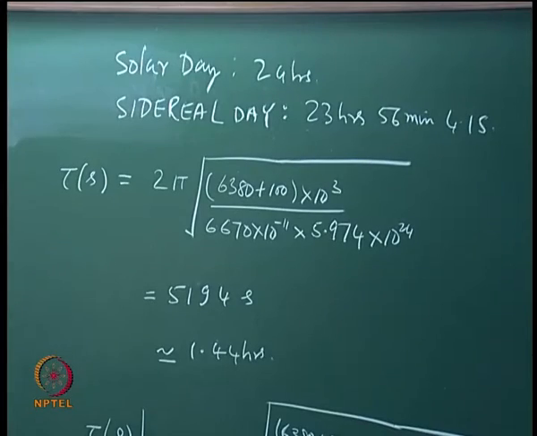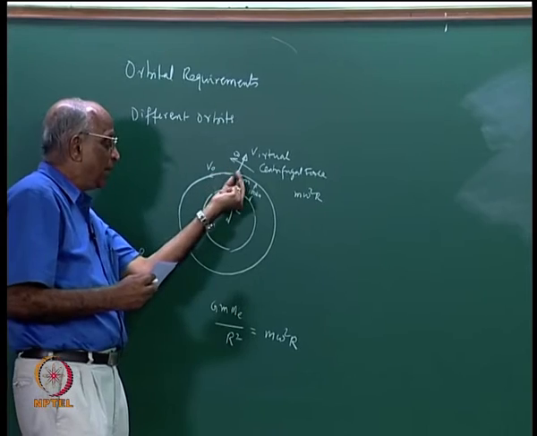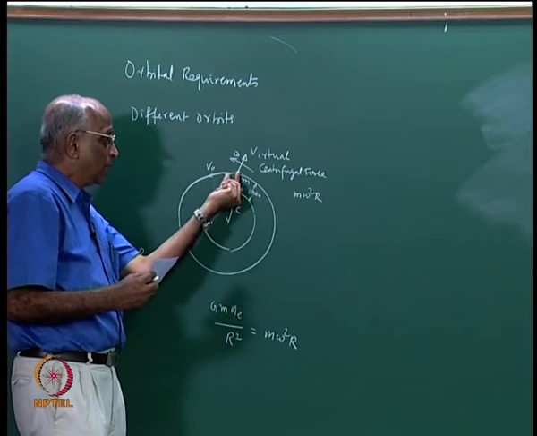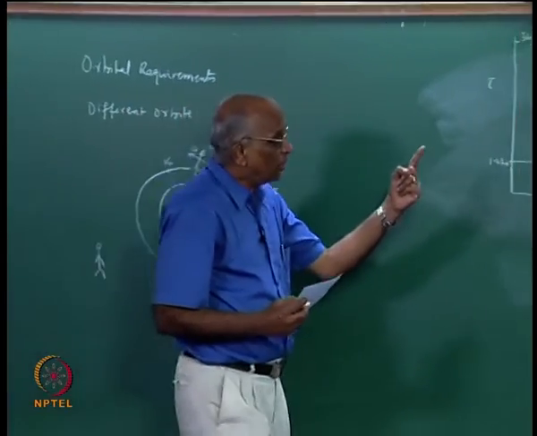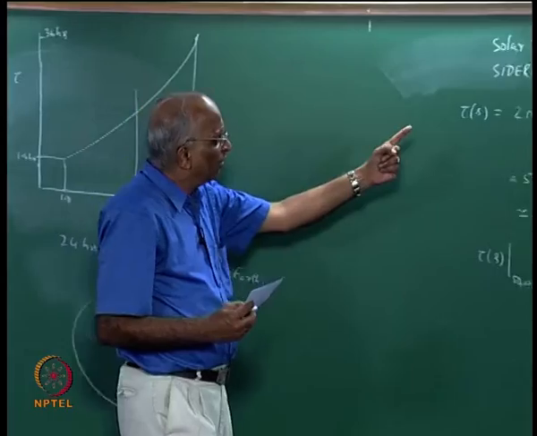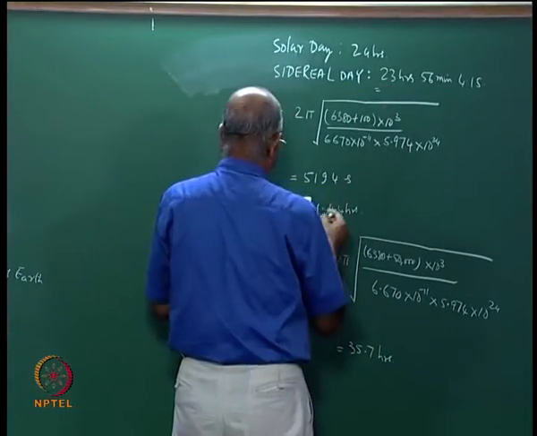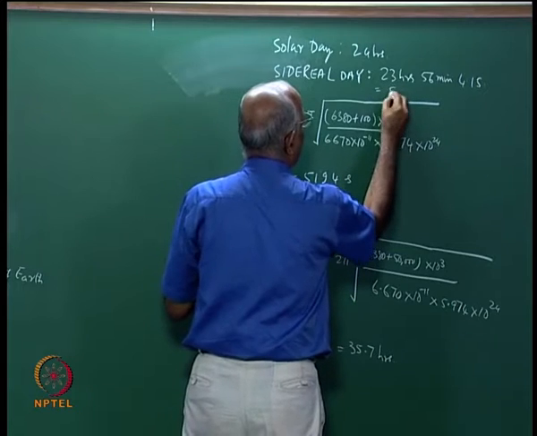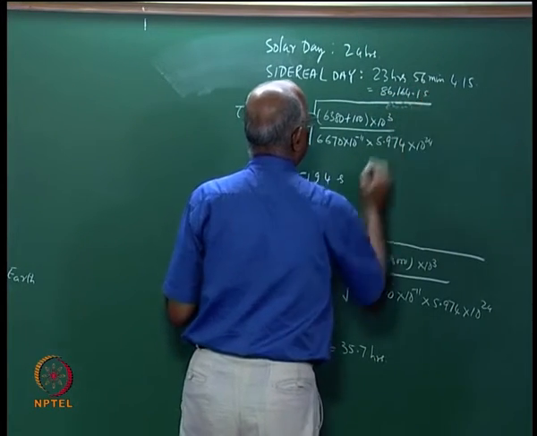Therefore, whenever we say one rotation, the earth is rotating on its axis and as it is rotating it is also revolving, so one rotation corresponds not to one solar day but to one sidereal day, which is 23 hours 56 minutes, and this works out to be 86,164.1 seconds.